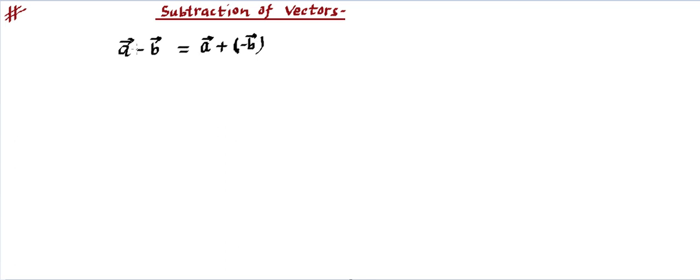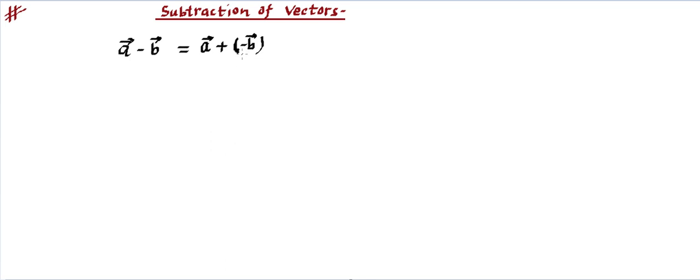So this subtraction of vectors is less popular, and in most cases we use addition of vectors, because if we are subtracting two vectors, then this vector can be treated as a negative vector, and then this will be addition of two vectors. We can call it a C vector.